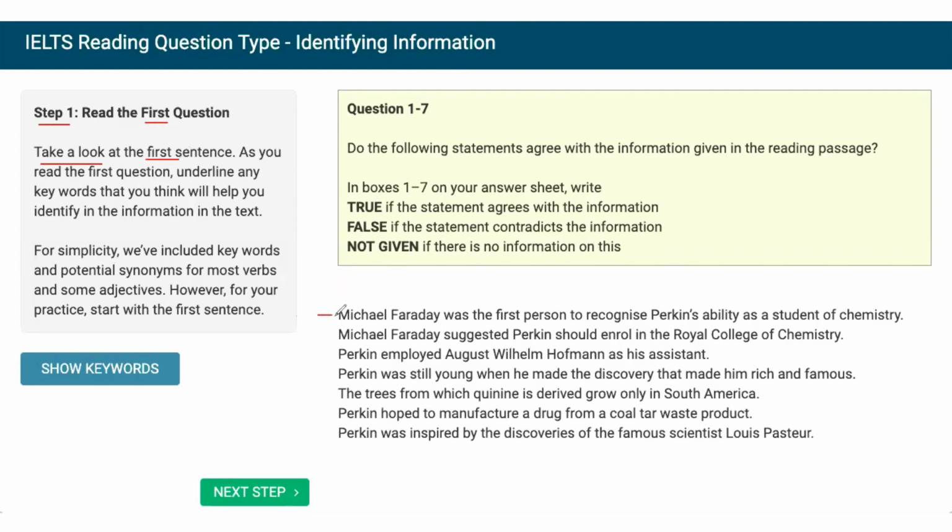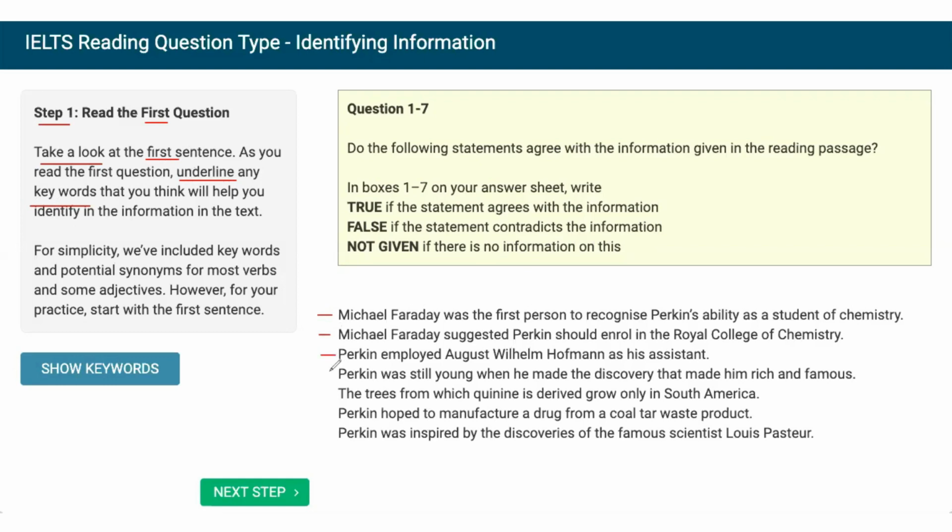Now, as you read the first question, it's very helpful if you underline any keywords that you think will help you identify the information in the text. And this will help you prepare your mind. And also, if you underline keywords, these words will be fresh in your memory and you'll be ready to tackle the passage. Now, we'll do all of these together.